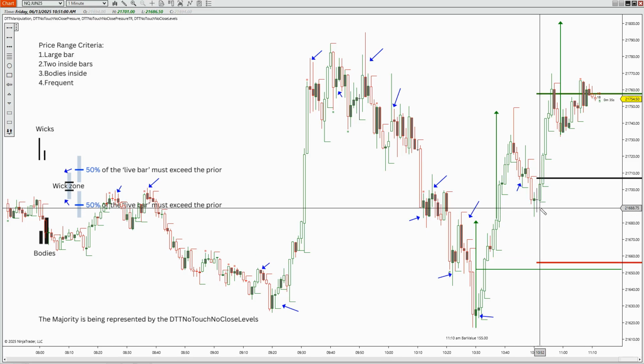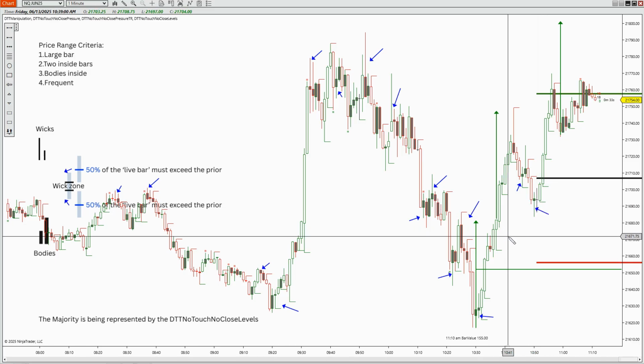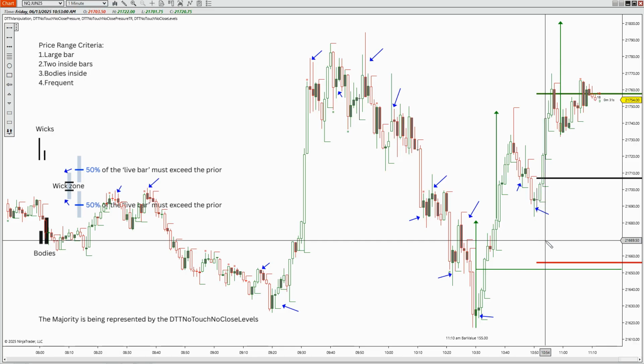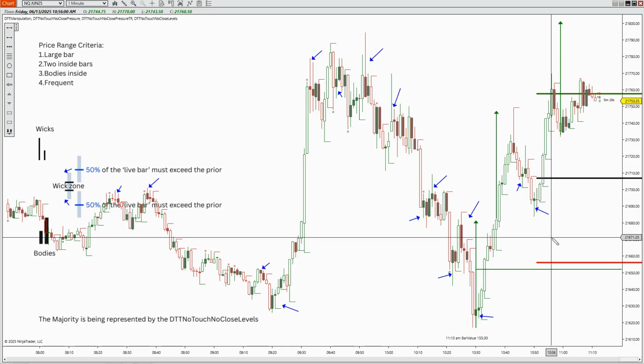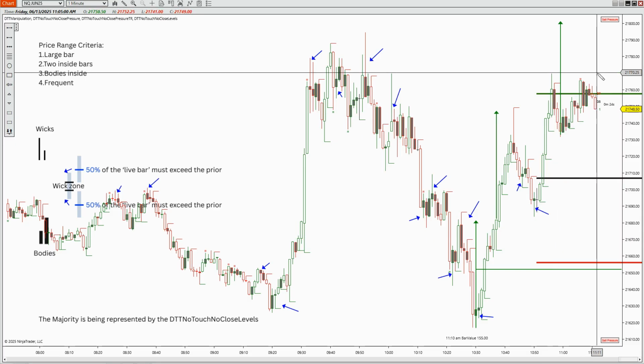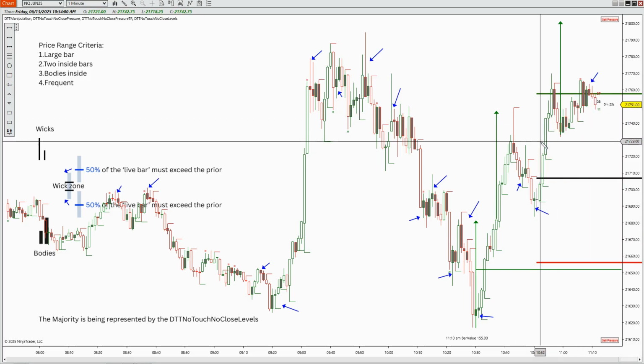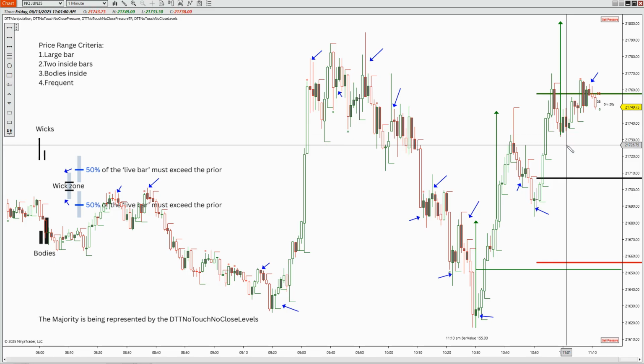This is an inside bar, it's just a doji. I want you to absolutely know that this is where your problem begins and ends. If you see the twos, that's a potential problem.